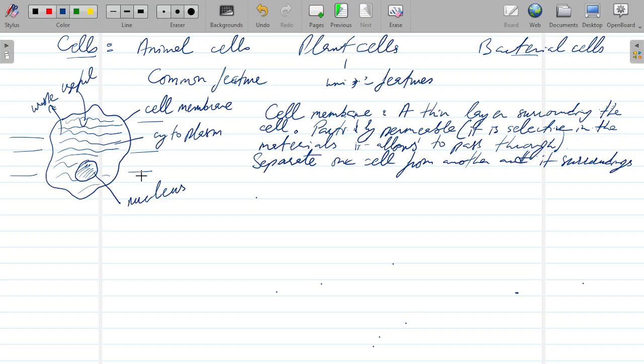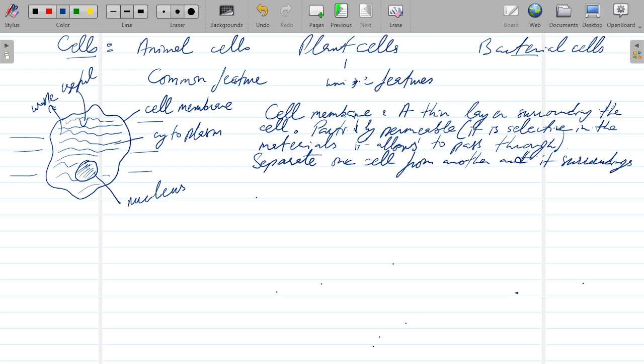There might be other things around the cell that don't belong inside, perhaps. Or the conditions outside the cell might be different from the conditions inside the cell. And so separating those two is important.